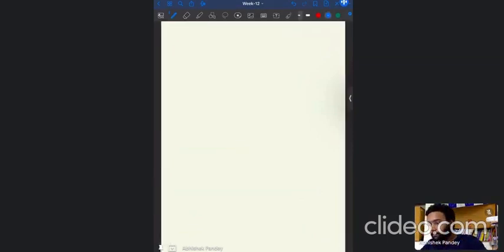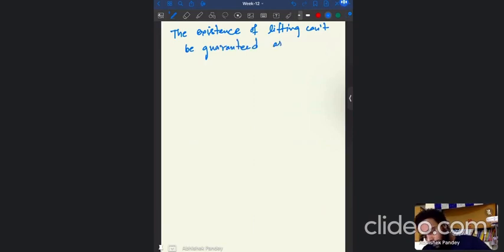Okay. So the existence of lifting can't be guaranteed, as we have seen in example 2.